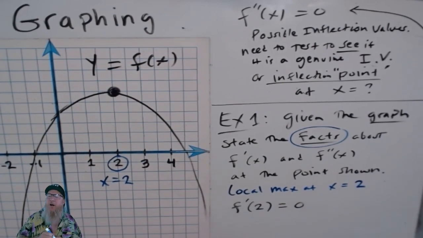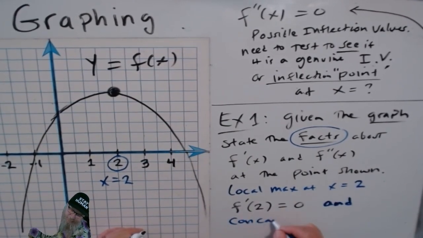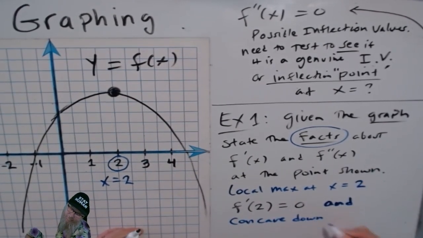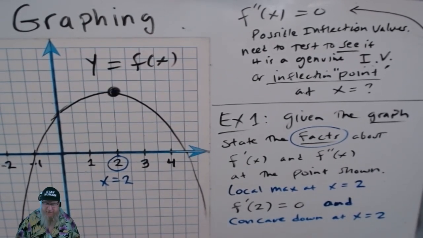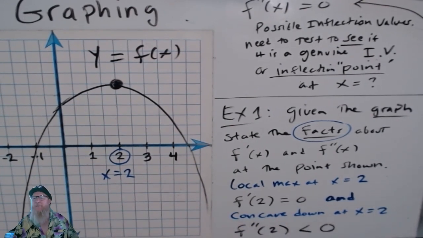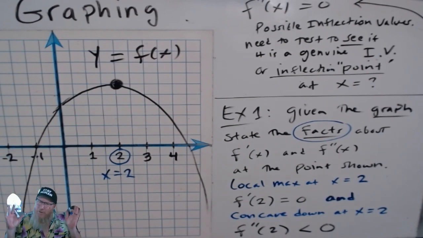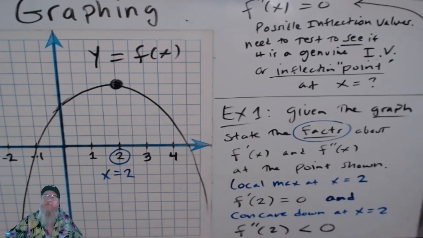And because it's concave down, we know that f double prime of 2 is less than 0. So just the facts. These are the facts about the first and second derivative at the specified point.